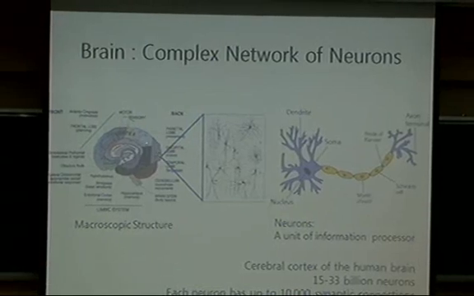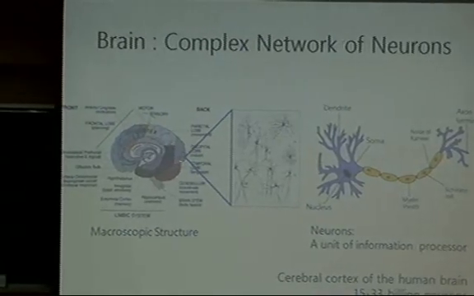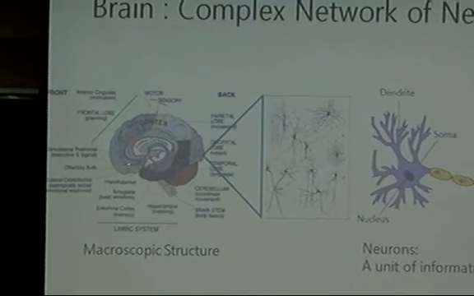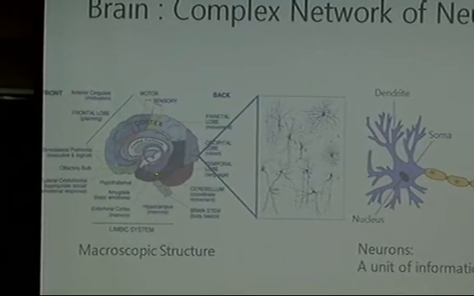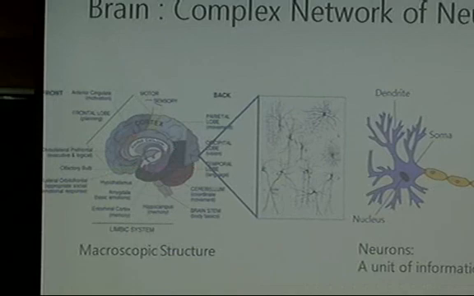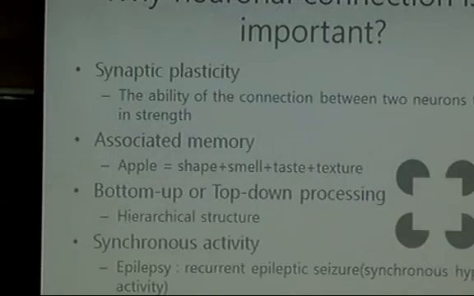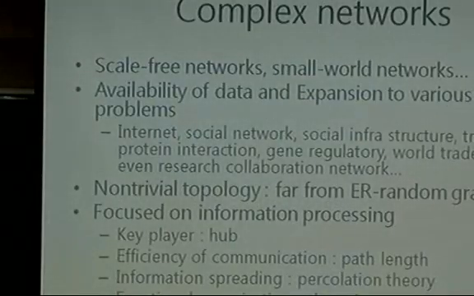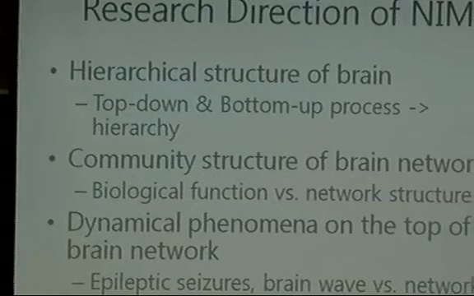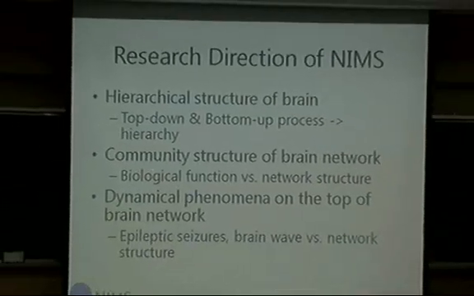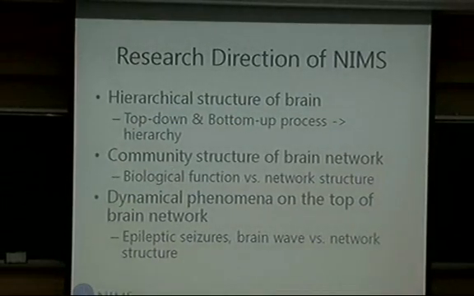As I told you, this rear part is related to vision processing, the front part is about social activities, and there are smell, hearing, and texture. All of these are related. But when you see the network, it has nothing to do with the function. So what we want to do is study the network structure and reveal how it is related to the biological functions. That is the study of community structures.